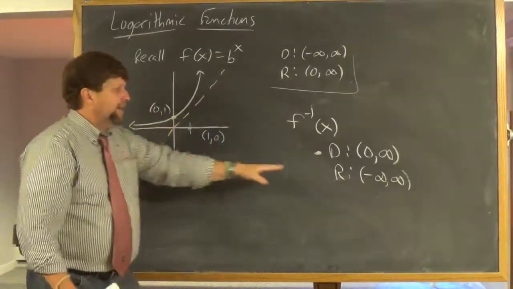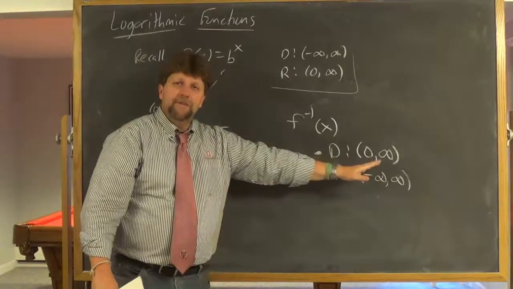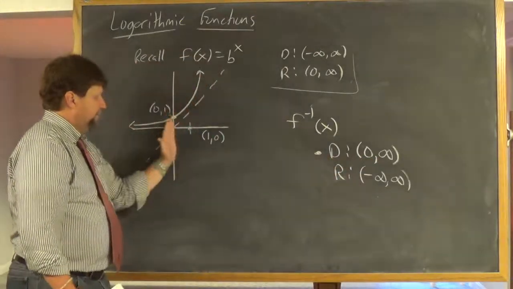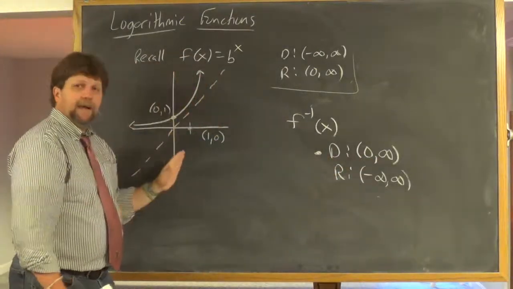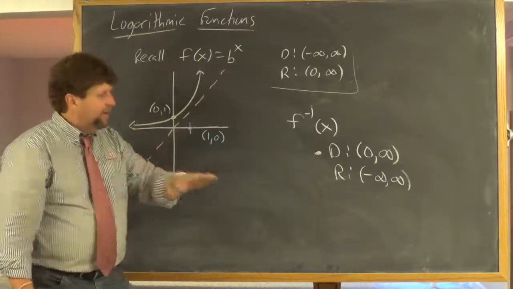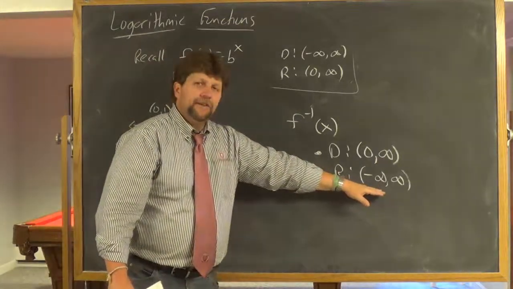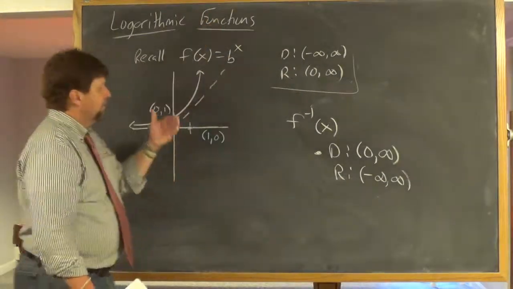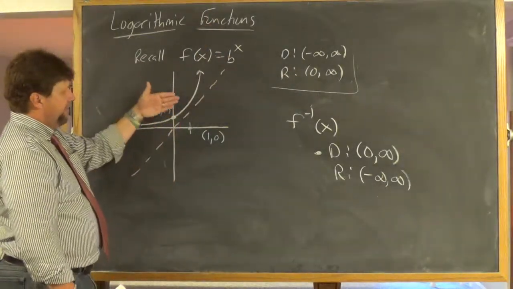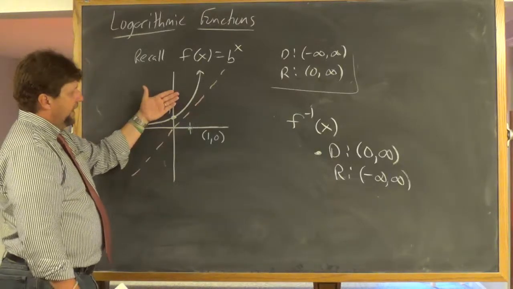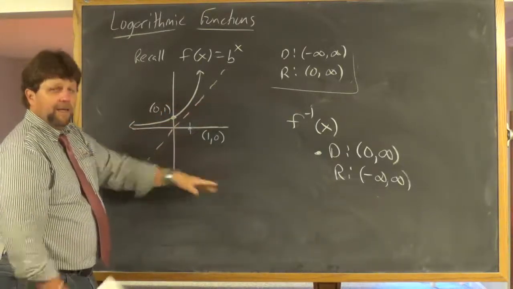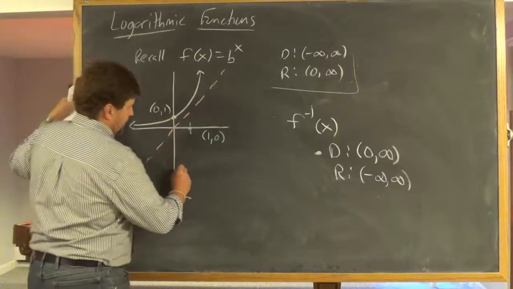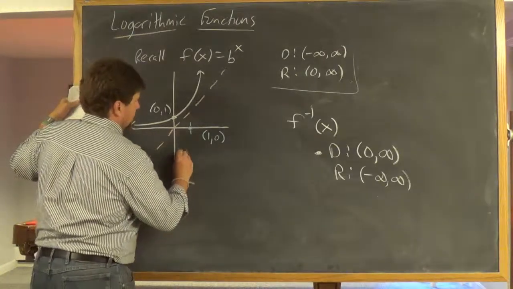So knowing this point, 1, 0, is on the graph of the inverse function, knowing the domain of the inverse function is 0 to infinity, so the graph is just going to be to the right of the y-axis, and knowing the range is negative infinity to infinity, I should be able to take the graph of f of x and flip it about the line y equals x and get a graph that looks like this.